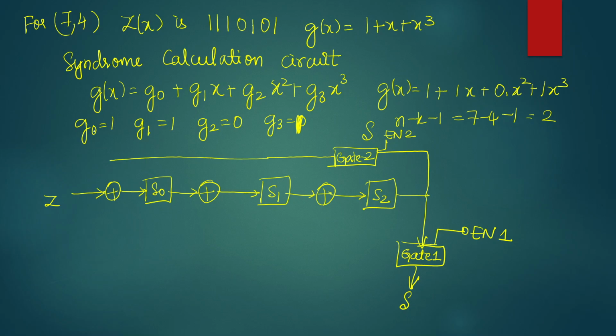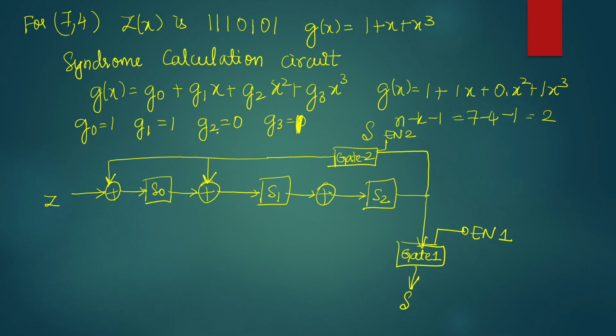g0, g1, g2. You can see g0 is equal to 1, so g0, which has to be connected to S0, is a valid connection. And g1, which is connected to S1, since its coefficient is equal to 1, you have to enable this.